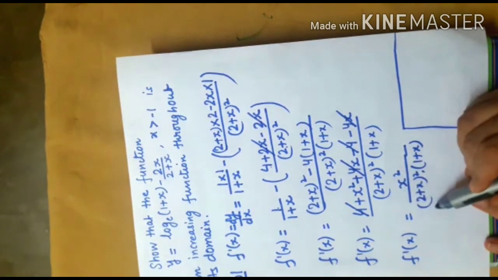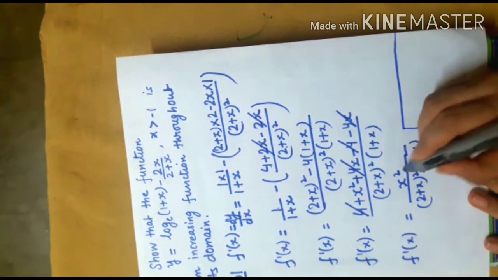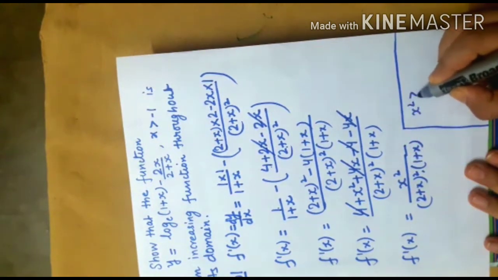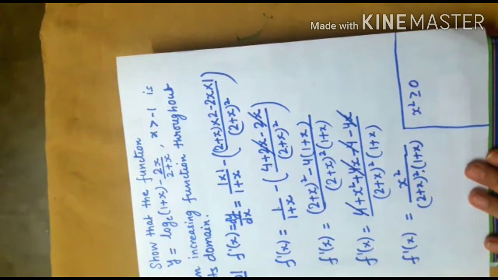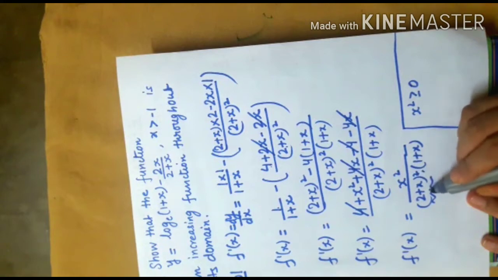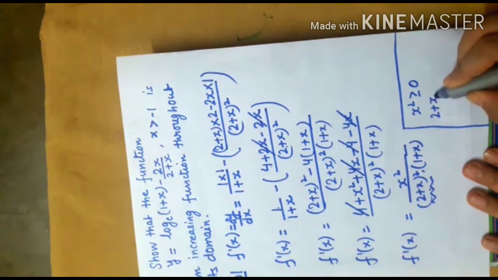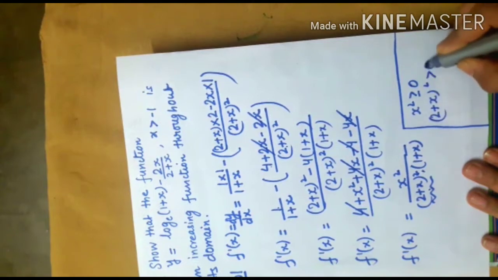Now I have to determine the sign of this derivative. Look here: x square will always be greater than or equal to 0. This, being the square of a number, will be greater than or equal to 0. (2 plus x) whole squared will be positive.